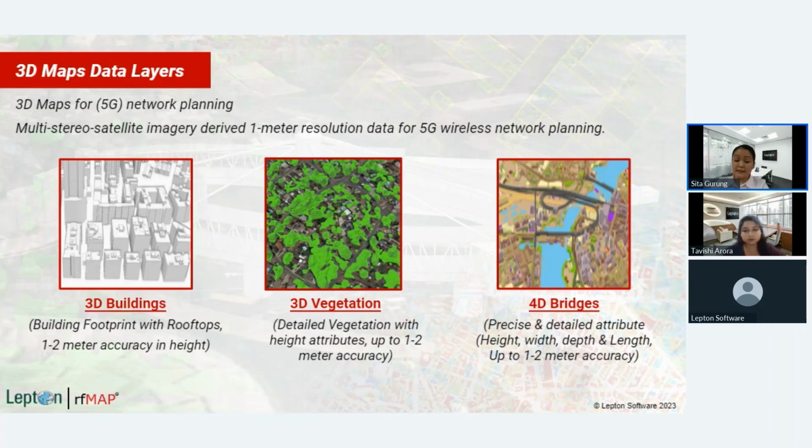It will have the length information for the entire structure. It will have the width information for that structure. Moreover, it will have even the depth or thickness of the structure that is used to create that particular elevated structure. We capture all these 4 attributes and provide this information with 4D bridge.